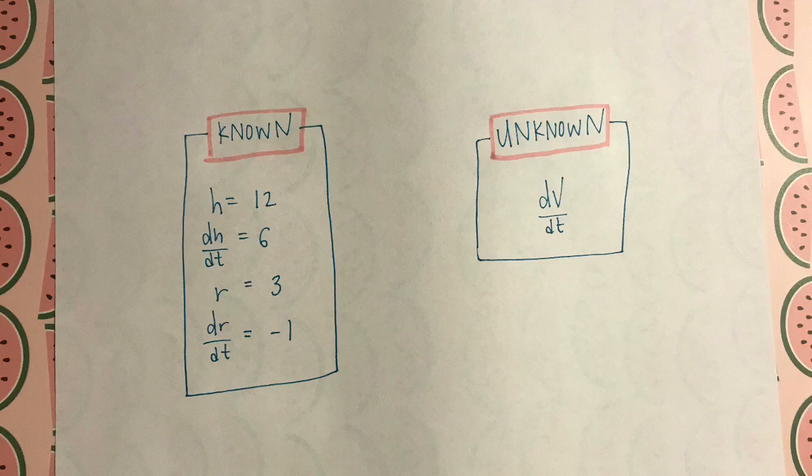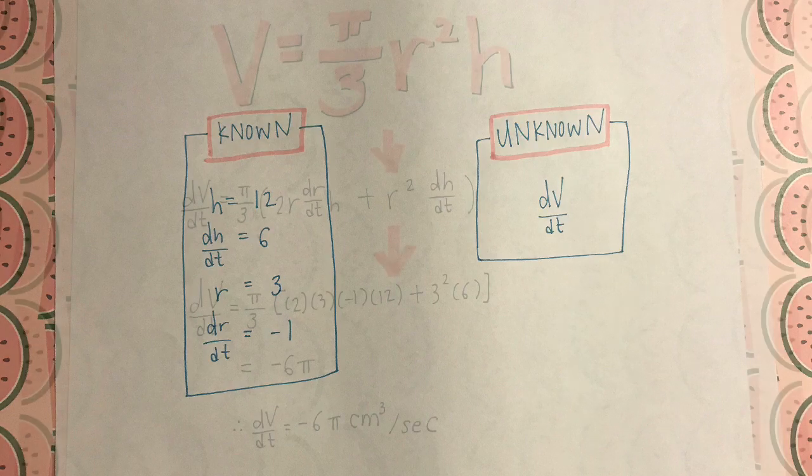The reason why it equals negative 1 is because it states that the radius of the circular base is decreasing at a rate of 1 centimeter. So it's important to make sure you put that negative in front. Then we don't know the rate of change of the volume, so we're going to solve for it.